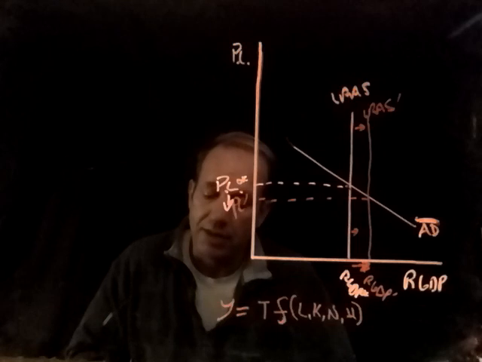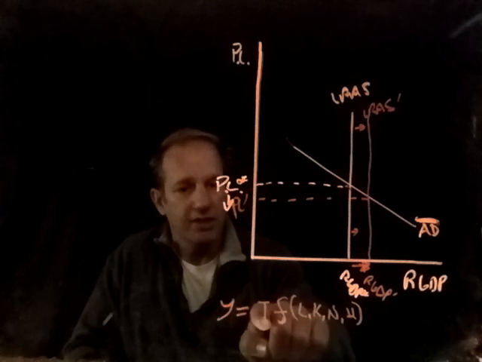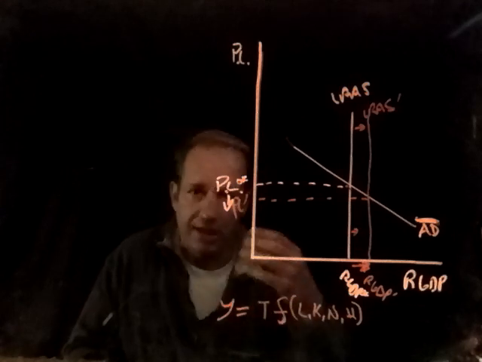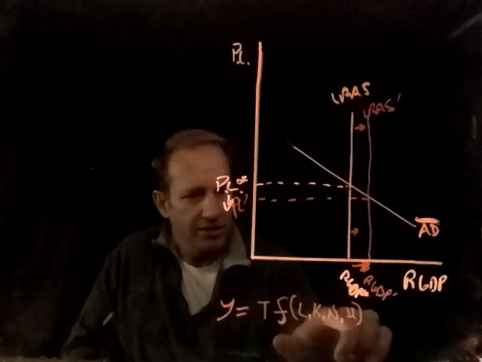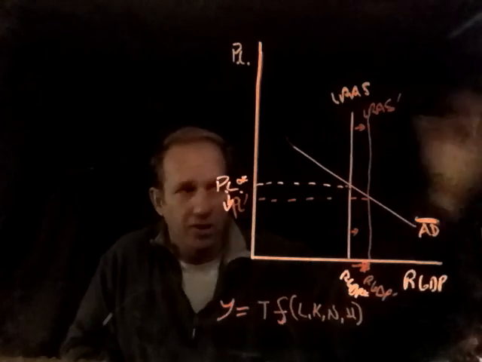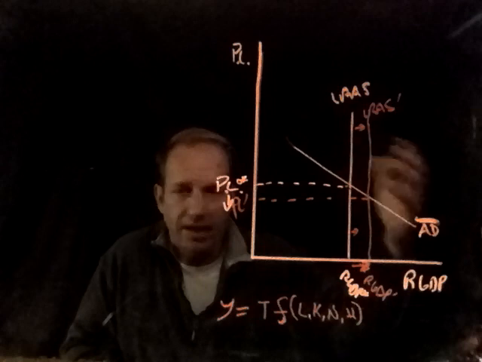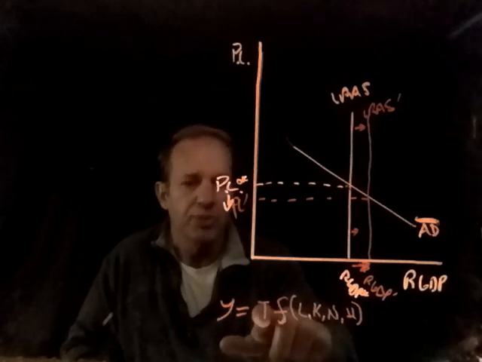And then the last one, letter F, a technological improvement. Well, right there is T, and that stands for technology. That is the knowledge of how to produce things. That's different than the skill level of the workers, by the way. But this is the general knowledge of how to do it. Once somebody figured out how to make the wheel, the world knew how to make the wheel. That was a technological improvement.